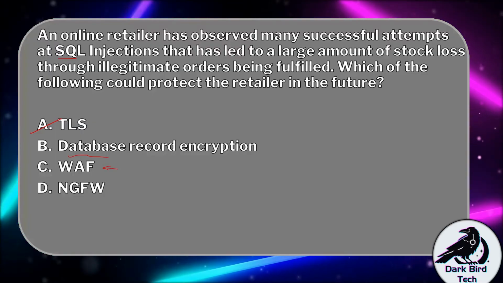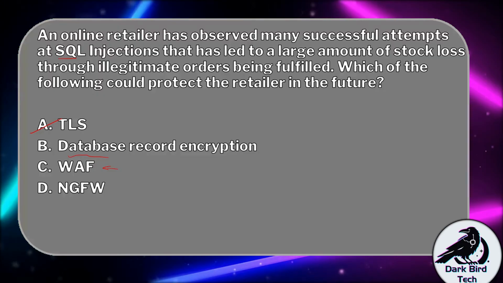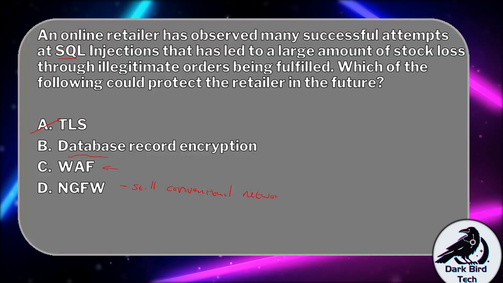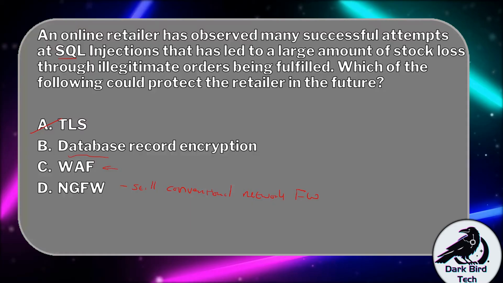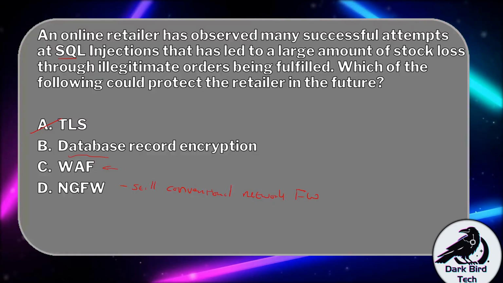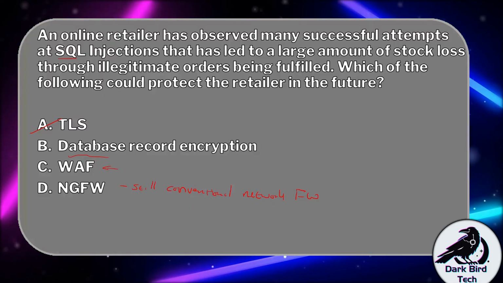But because I'm feeling good about a firewall, some of you might be saying, but wouldn't a next generation firewall be even better? Next generation firewalls are still conventional network firewalls. And when I say conventional, I mean they are a network appliance. Although, yes, you could probably have a next generation firewall do a payload inspection and spot an SQL injection, it might not catch every SQL injection technique.